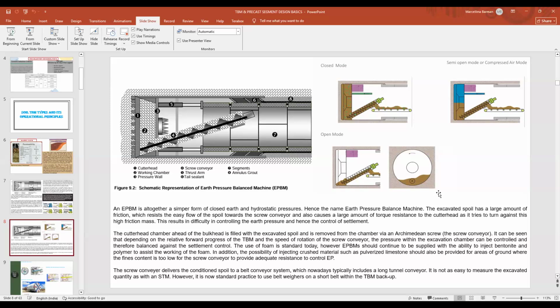As I told you earlier, whatever muck is coming, there is a scale with which you can measure the specific gravity, the weight of the muck, and you can convert it to volume also. That is very important, because if you find the specific gravity of the muck has a very low consistency, then the ground ahead of the face might be very stiff.